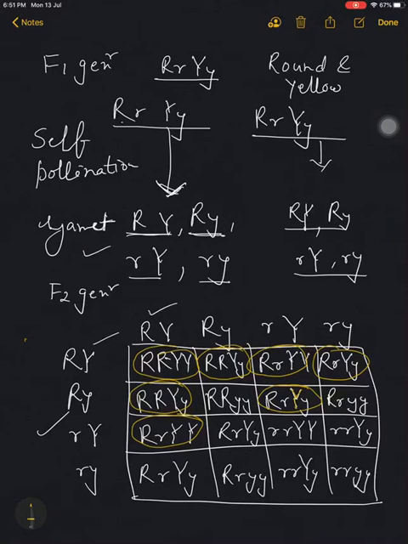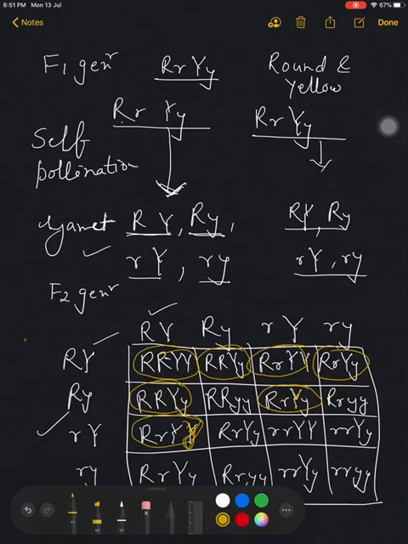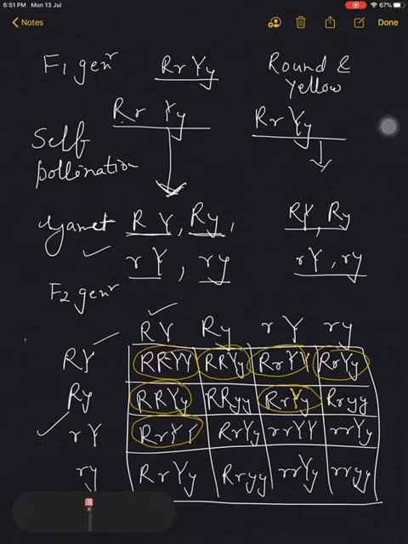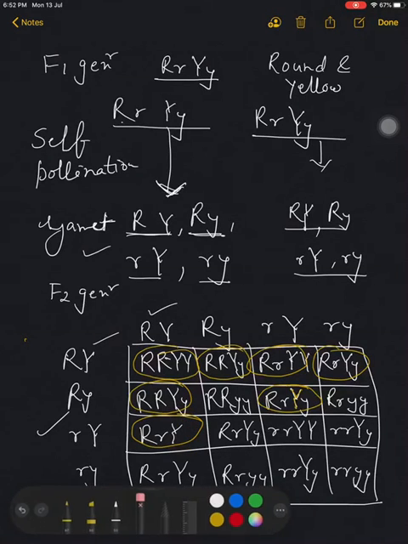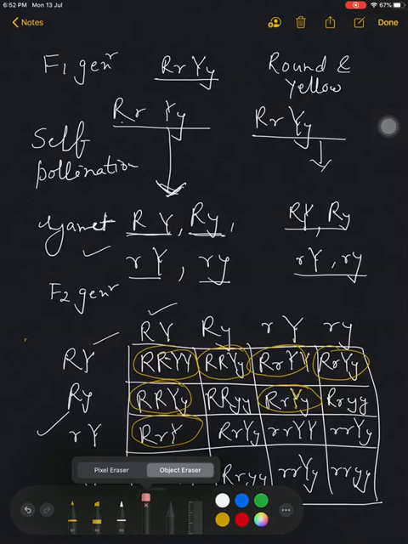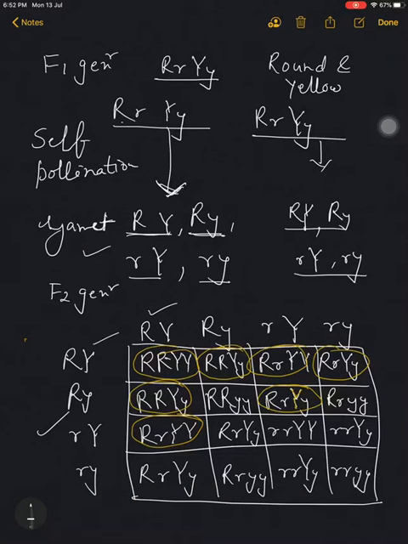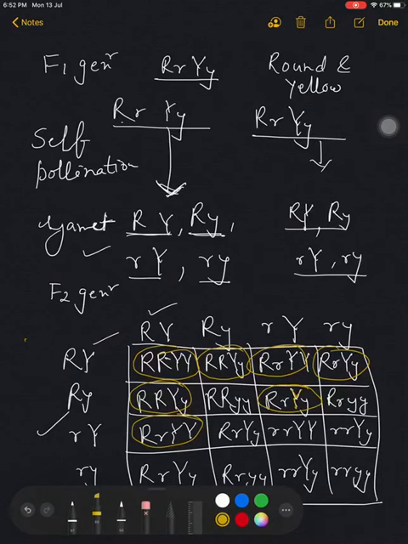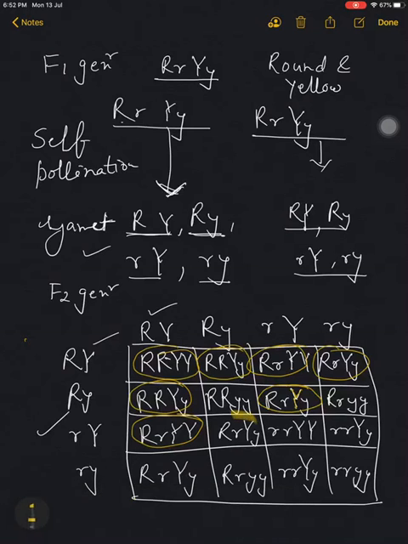Here capital R, small r, capital Y, small y. This is a small y, sorry. Okay. This is capital Y and this is again yellow.